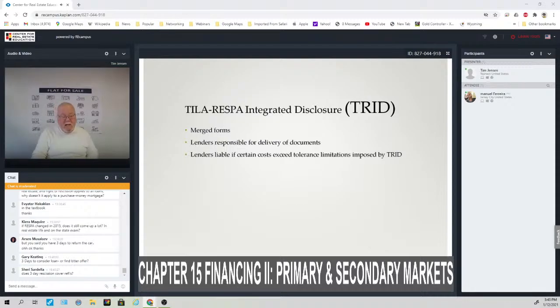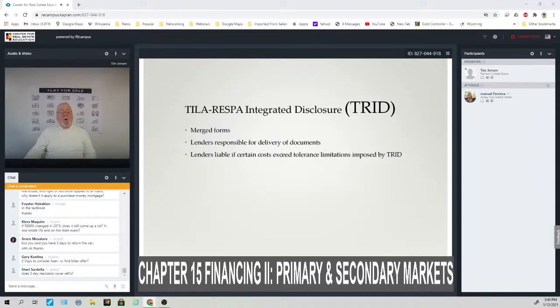And then 3 days before closing, the lender gives each the buyer and seller a copy of the integrated disclosure sheet showing all the settlement costs that are going to take place. And then 3 business days later, the closing occurs. So by doing this, it prohibits all kinds of kickbacks from occurring. And in fact, Article 8 of the TRID disclosures specifically prohibits kickbacks in its wording.